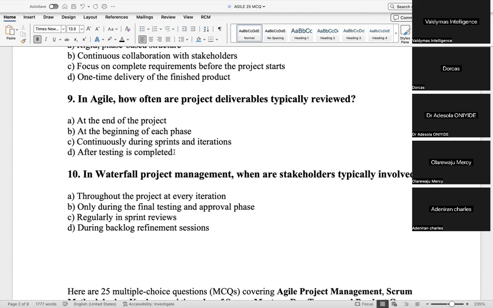Everything they are delivering in the project is based on testing. So in such kind of Agile, B would have been a better answer. But when we take Agile as a whole, continuously during sprints and iterations is when we review project deliverables. Is that fine?